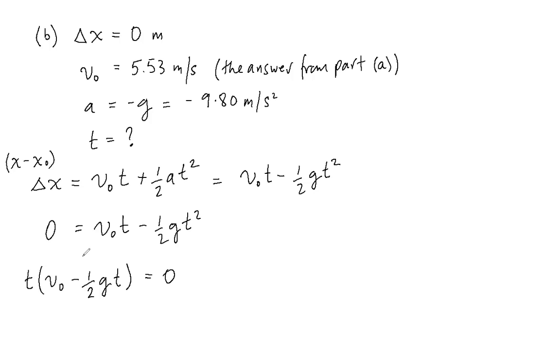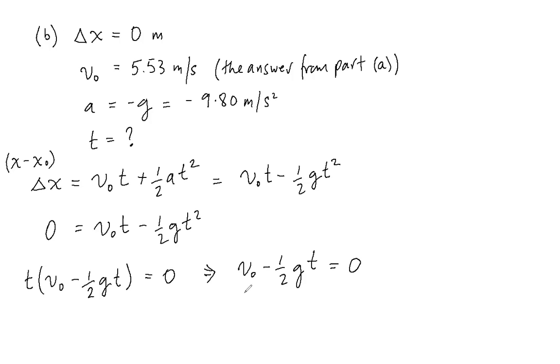So this is the solution that we are interested in, because we're interested in the amount of time it takes for the hat to go up and then return. So we're simply going to set v0 minus 1/2 gt equal to 0, and then we'll solve for t.